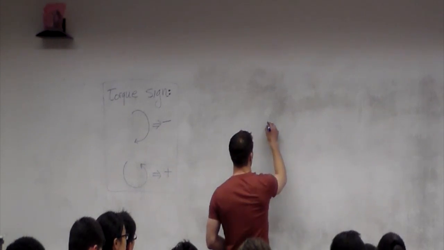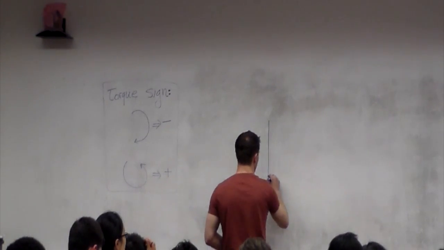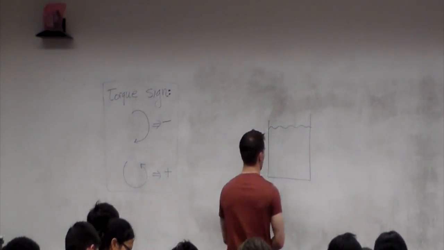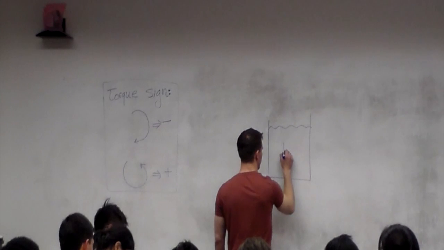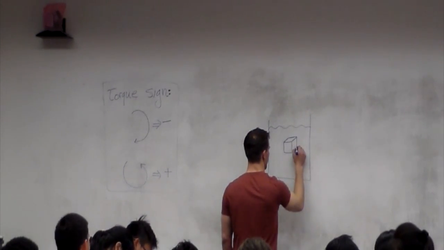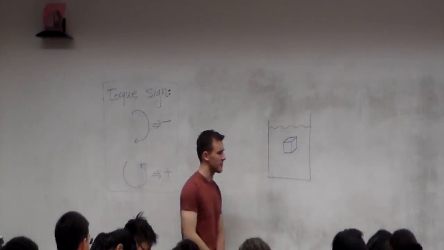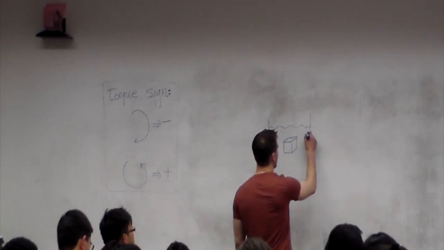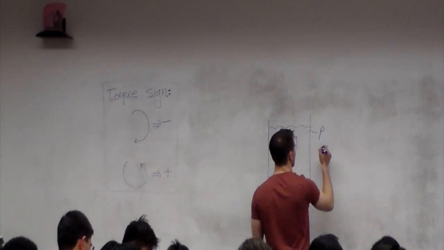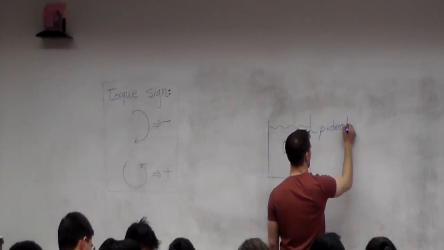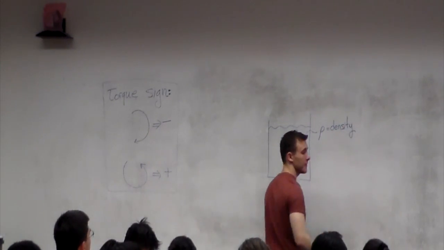All right, so first, real quick, is the pressure with depth. So say I have a box and it's floating in the water, or in the fluid, right? So this fluid has a density, rho, and it's constant.